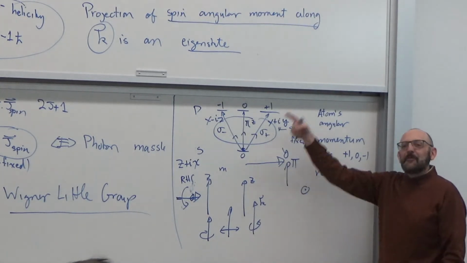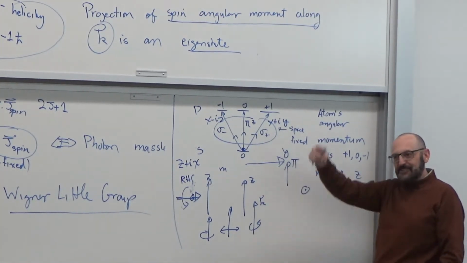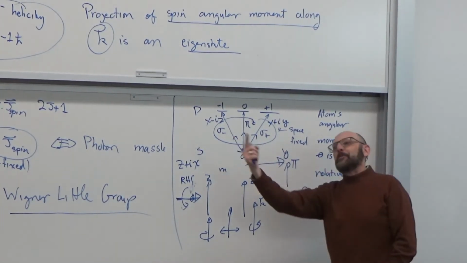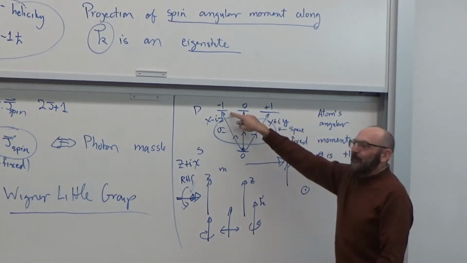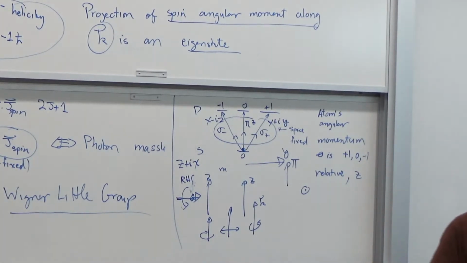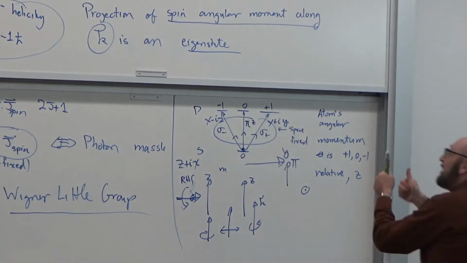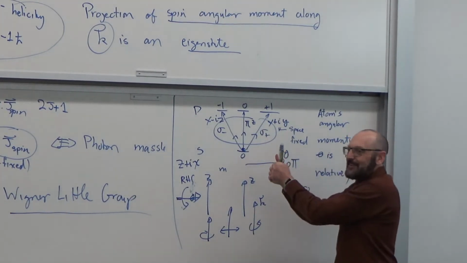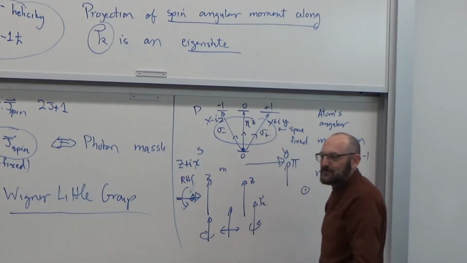But something rotating with respect to the y-axis circularly is a superposition of all three directions relative to the z-axis. So you have to be very careful about the space-fixed directions versus the body-fixed directions.